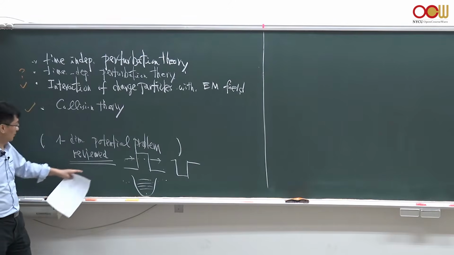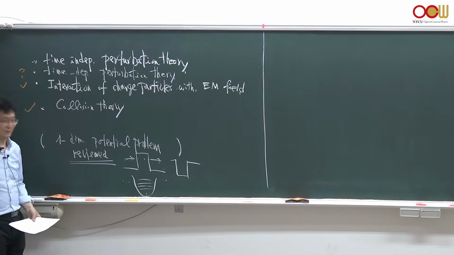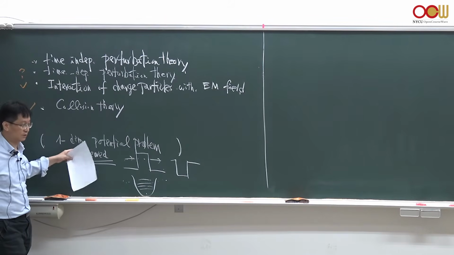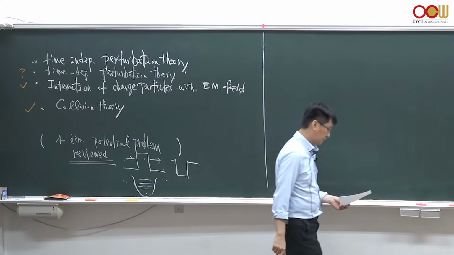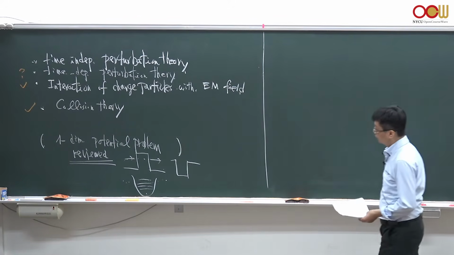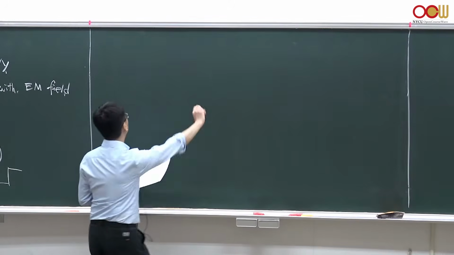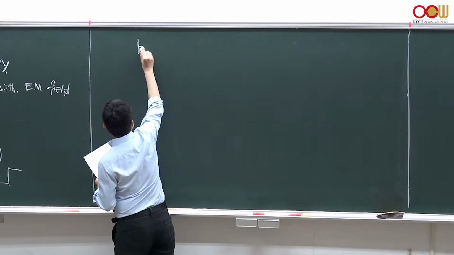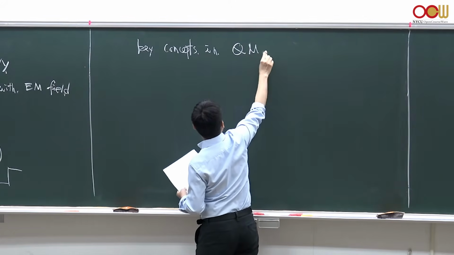Okay, so I suppose many of you know what I'm telling you in these plots. This is just a review of the modern physics lectures where you study the Schrödinger equation for a one-dimensional potential problem. So let's talk about the key concepts in quantum mechanics.